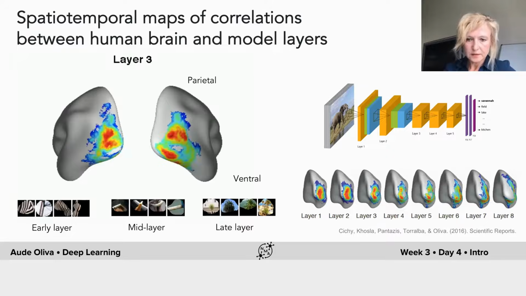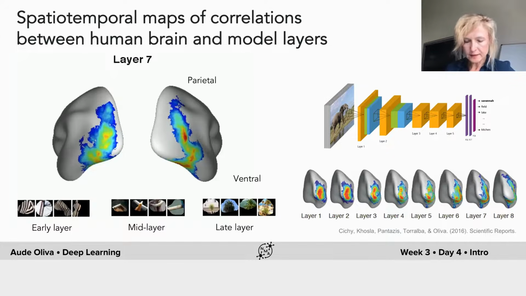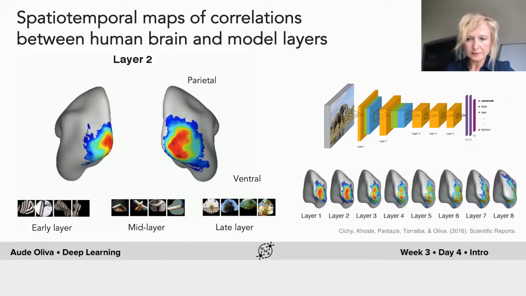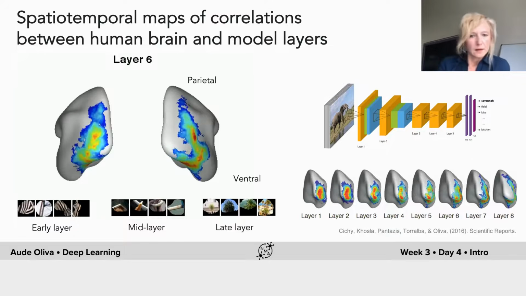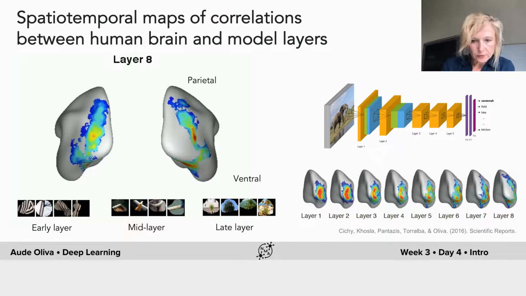And you can see a snapshot of each model brain map on the right. Red is where the correlation between the similarity matrix of the layer and a region of the brain is the highest. I can refer you to the paper for all the details.